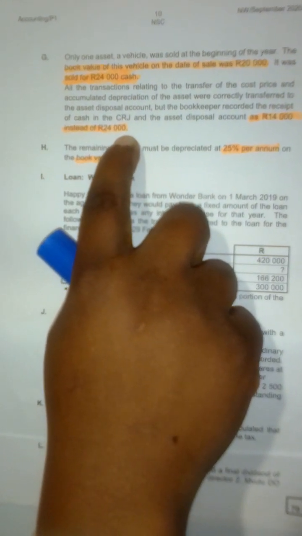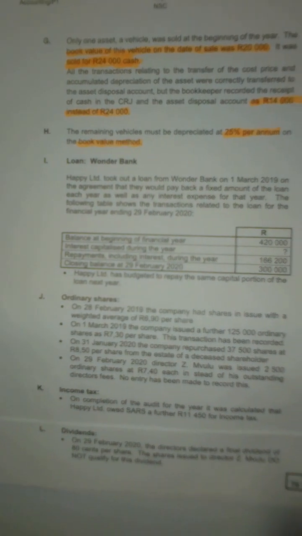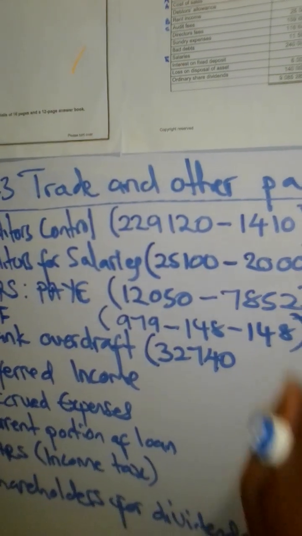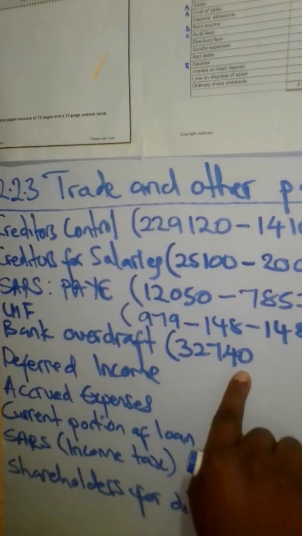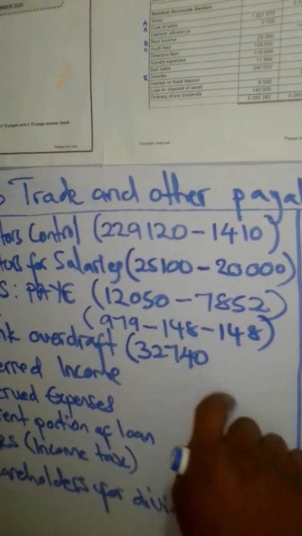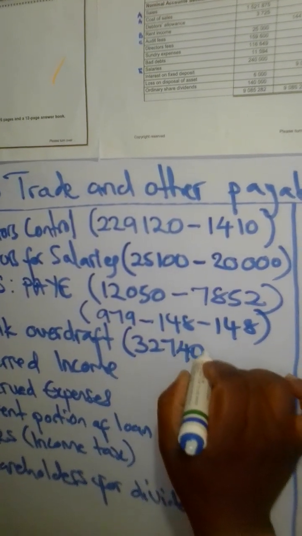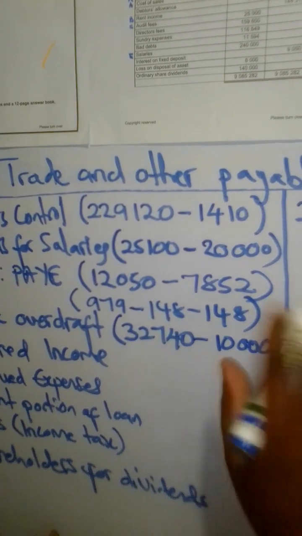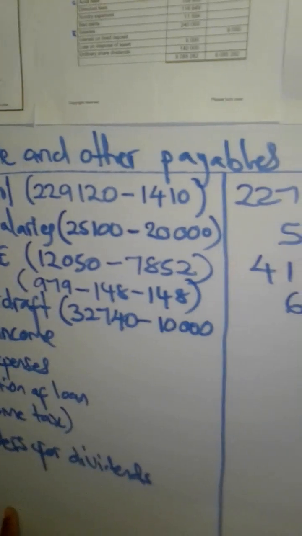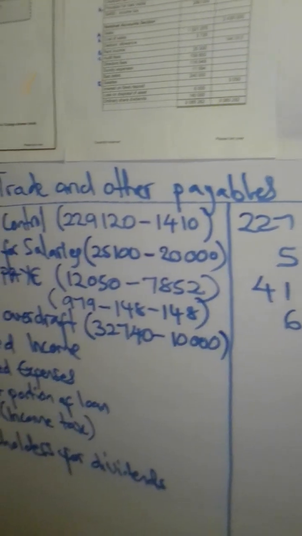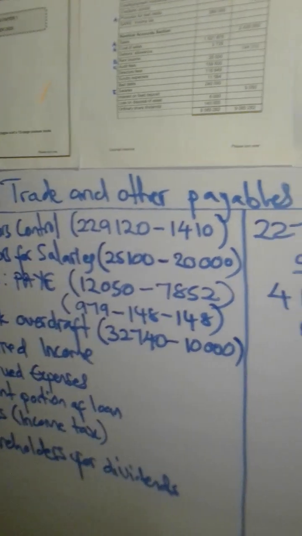So there was a 10,000 shortfall, and we are going to add that 10,000. A plus 10,000 decreases our overdraft. Remember, a bank overdraft is a negative amount, so that 10,000 is going to reduce our bank overdraft. So we say minus 10,000, which is where the bookkeeper had made a mistake. In other words, now we remain with 22,740.